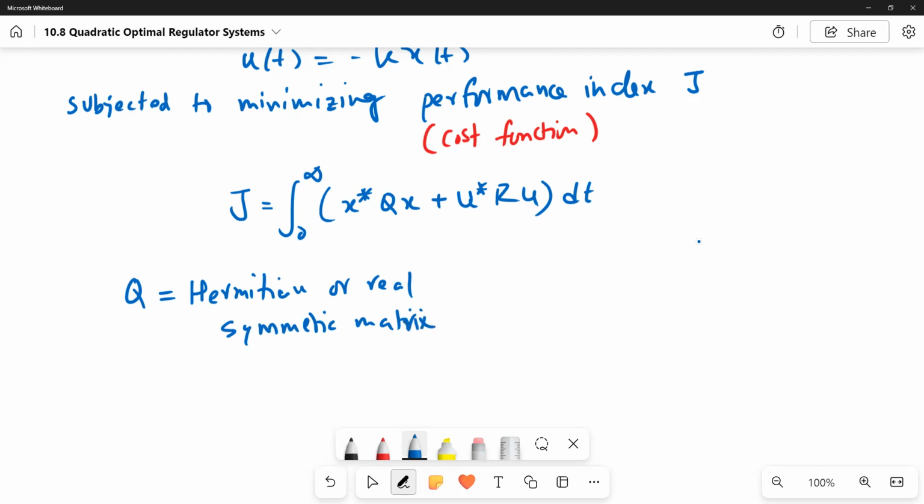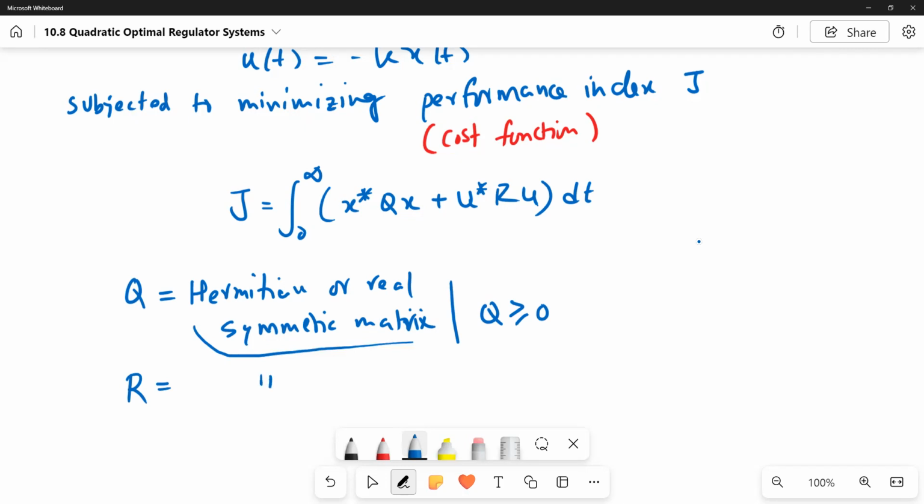Q can also be positive semi-definite. Next, R has the same definition, it is also a Hermitian or real symmetric matrix.